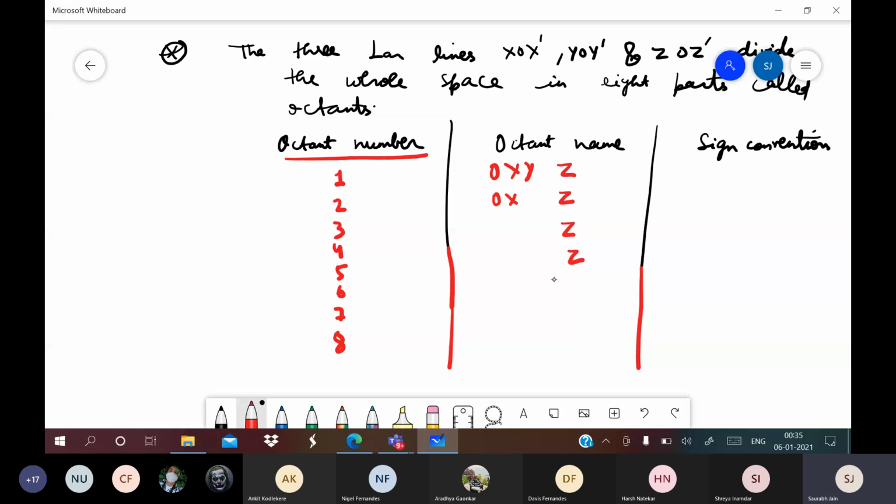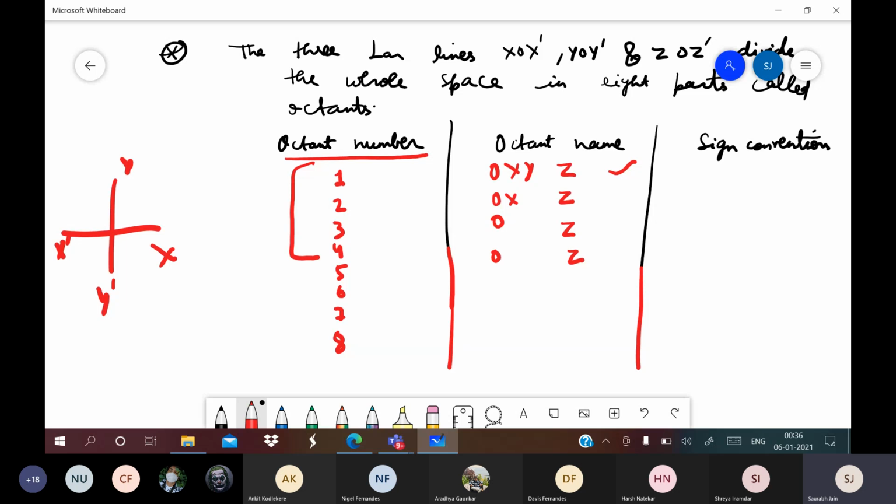Z is positive, okay. And O means origin. Then what will be changing? X and Y will be changing. Now, in the first 4 octants, you use this thing, just like we used to write in 2 dimensions. First octant means try to imagine it like the first quadrant. In the first quadrant, X and Y are positive. That is why I have taken O, X, Y, Z.